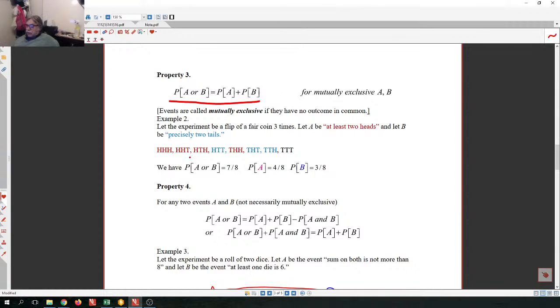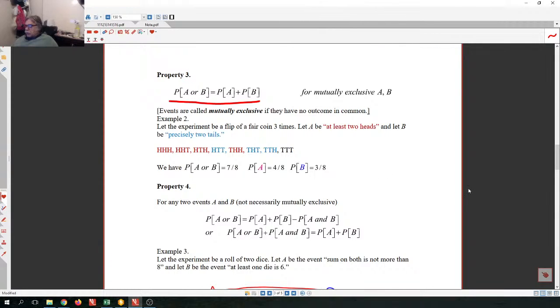You can see here, it's got to be these 4 and these 3. So the probability of A is 4 out of 8, the probability of B is 3 out of 8, and the probability of A or B is going to be 7 out of 8. Makes perfect sense. If you add 4 out of 8 and 3 out of 8, you get 7 out of 8. You can of course call 4 out of 8 one half, but when you're adding fractions, you like to have the common denominator. So that's why I wrote it this way.